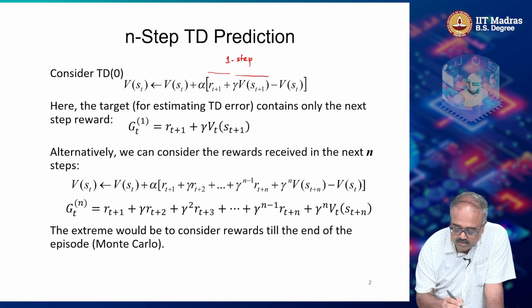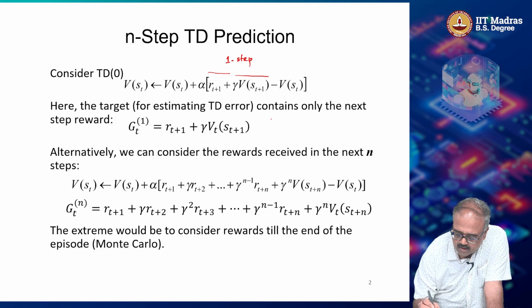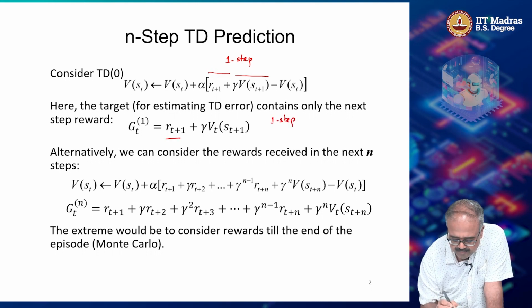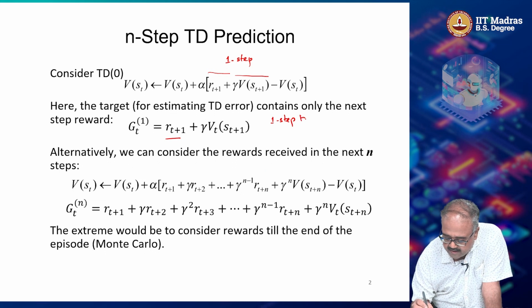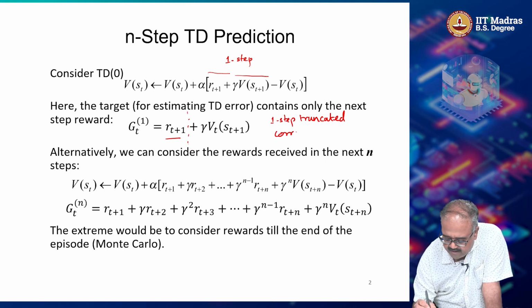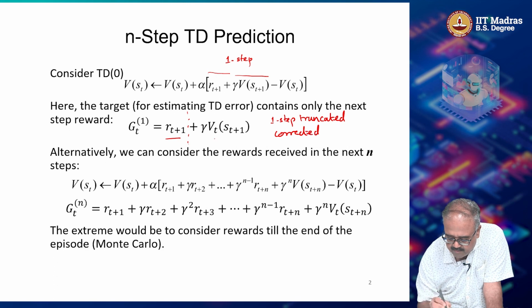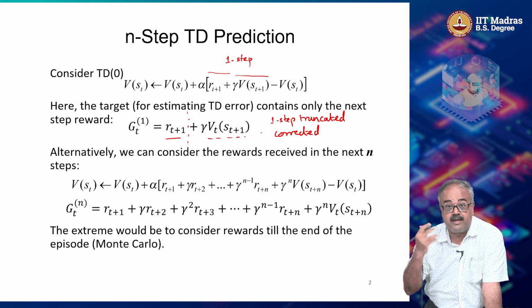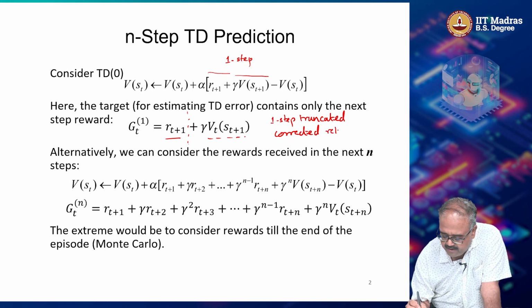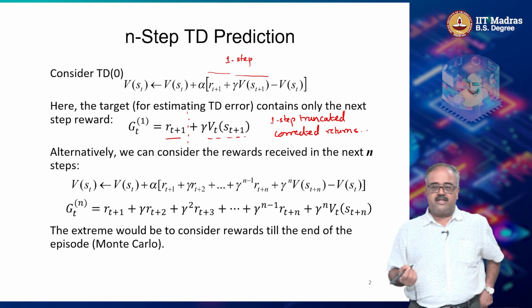These kinds of things are called one step truncated, because you stop here, and corrected, because you added the V to correct for the truncation. These are called one step truncated corrected returns. Okay. So that is basically what it is.